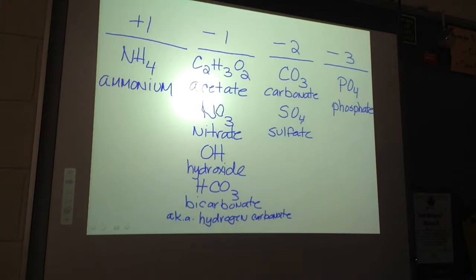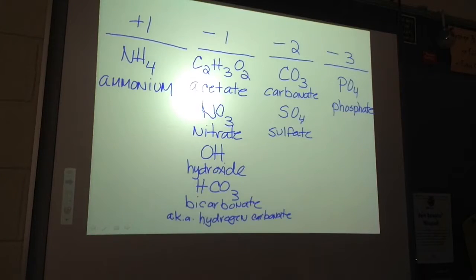You have two options that I would suggest in terms of studying. One is what I already mentioned, be able to recreate this list. The second, and you could do both, which would be super smart, is to make flashcards. 8 flashcards. On one side, you have the name. On the back, you have the formula and the charge.